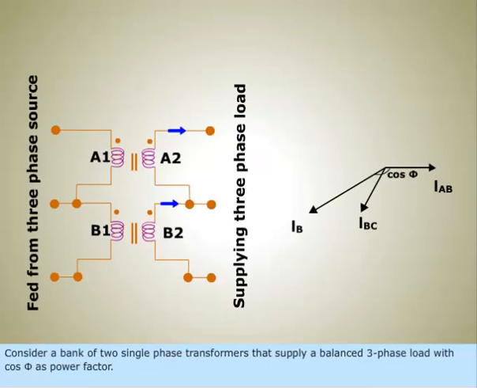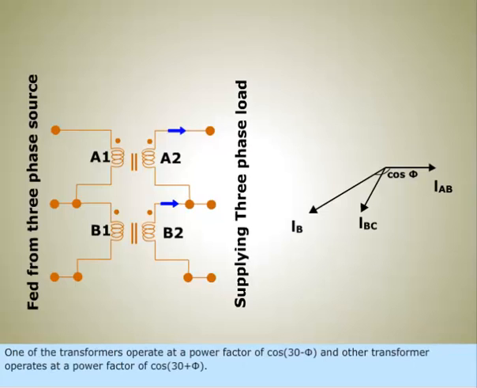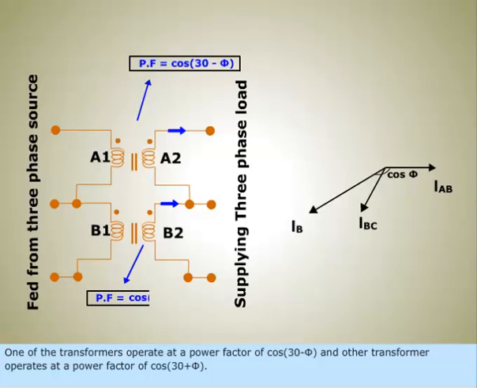Consider a bank of two single-phase transformers that supply a balanced three-phase load with cosine phi as power factor. One of the transformers operates at a power factor of cosine of 30 minus phi, and the other transformer operates at a power factor of cosine of 30 plus phi.